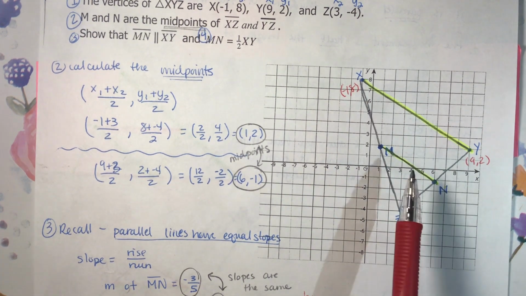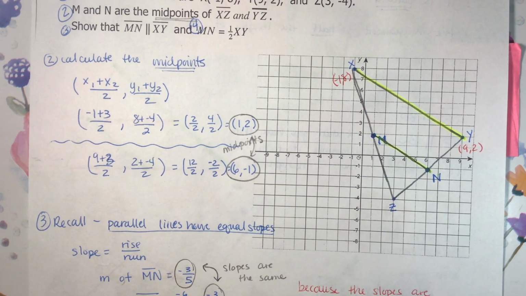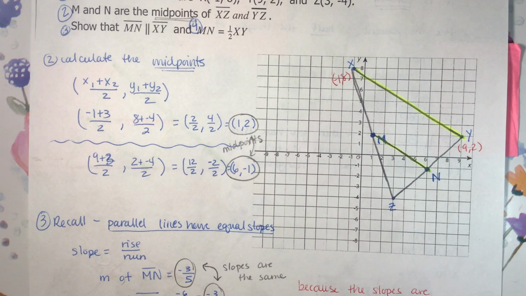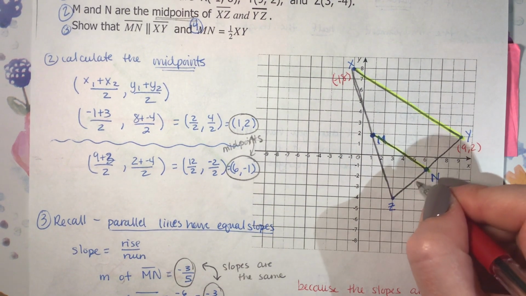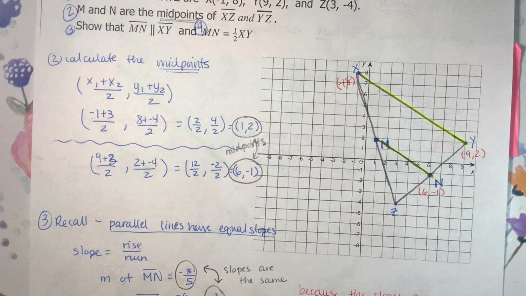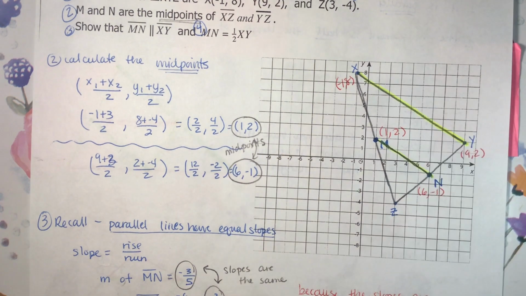Cool. Now let's do from N to M. So that distance is going to equal the square root of, I'll write in my coordinates again. This is (6, -1), and this is (1, 2).